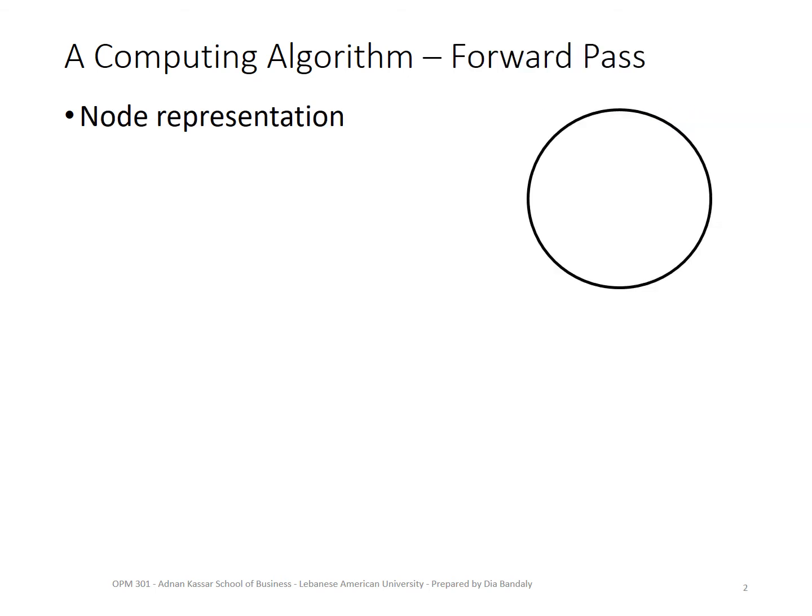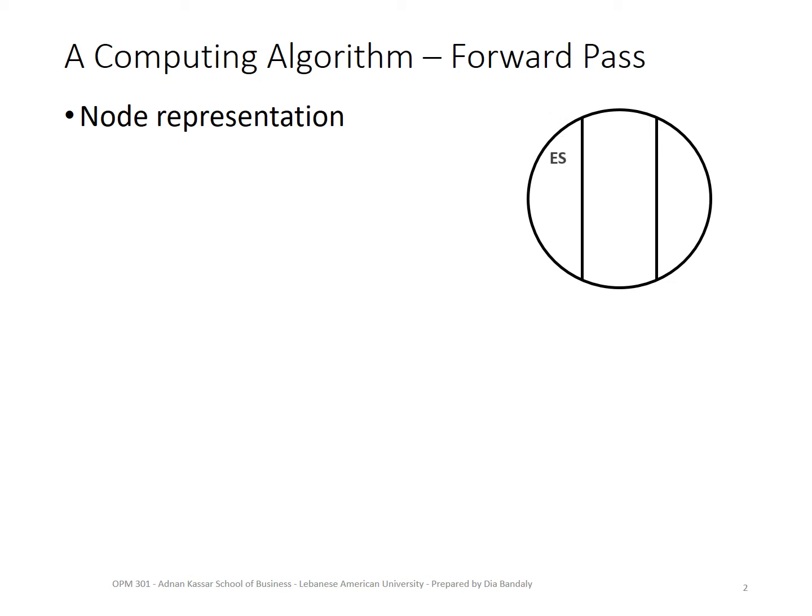All right, so let's see how these 2 passes work. We're going to start with the first one, the forward pass. The forward pass starts from the starting node and ends at the ending node. We're going to do the calculation first for the starting node, then the next one, until we finish at the ending node. Now here I need to make it easier for us to record our calculations, so it's better to represent the node like that. We're going to split it into 3 parts.